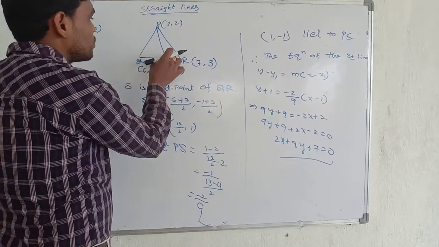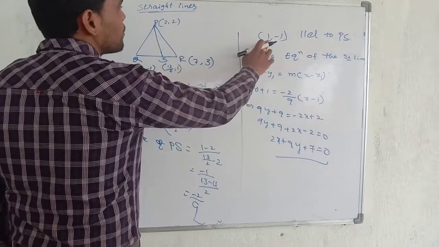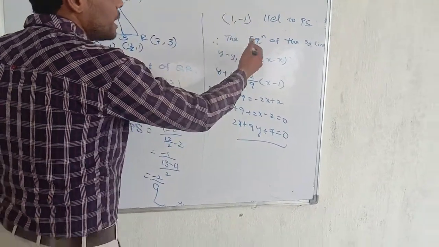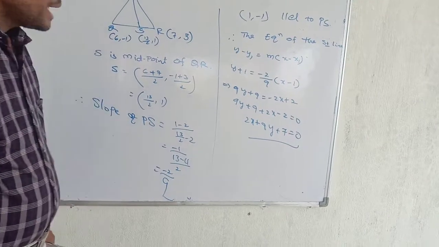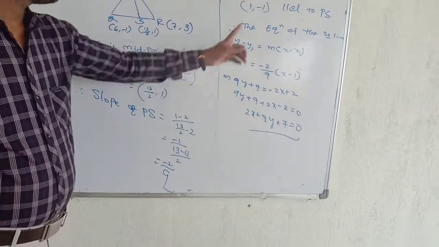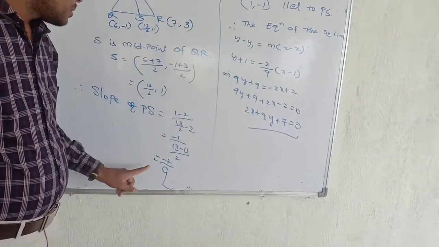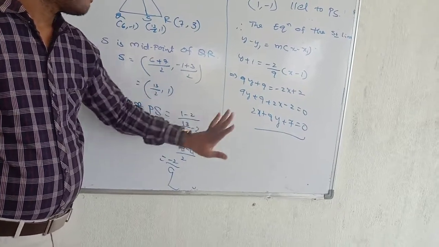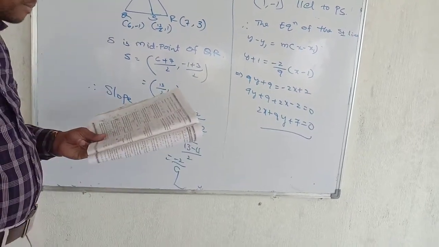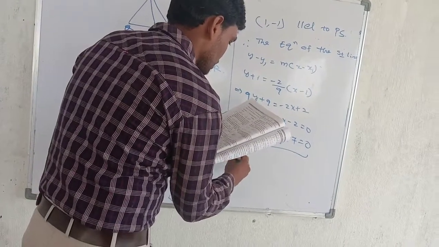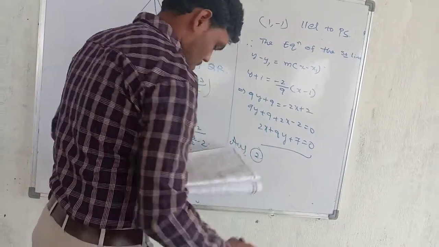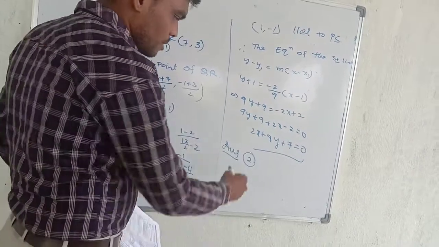The line passes through the point 1 comma minus 1 and is parallel to PS. The equation of the straight line is y minus y1 is equal to m into x minus x1, with slope minus 2 by 9. That is the required answer: 2x plus 9y plus 7 is equal to 0. Now the answer is option 2, 2x plus 9y plus 7 is equal to 0.